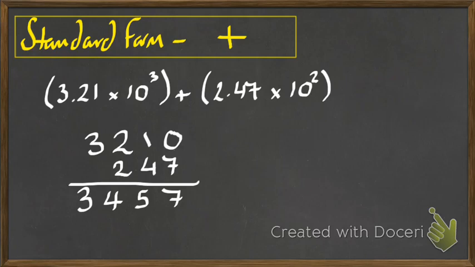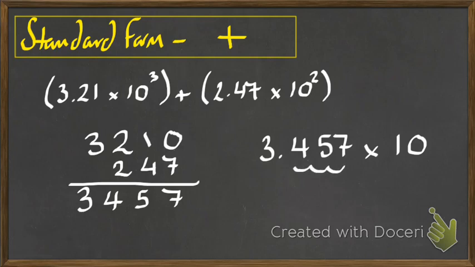And so I know that I can't have anything but a single digit in front, so I pick 3 decimal 457, and that's times 10 to the power of, what do I have to do to turn 3.457 into 3457? Well, I need to move it 1, 2, 3 to the right, so that's to that power there, cubed.